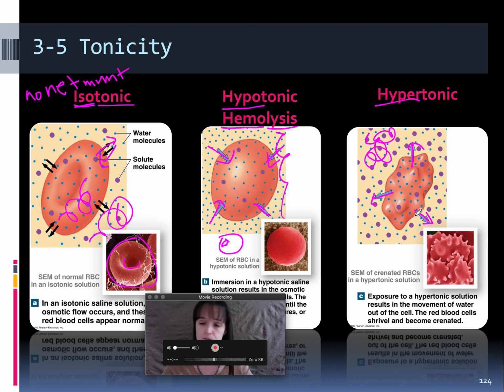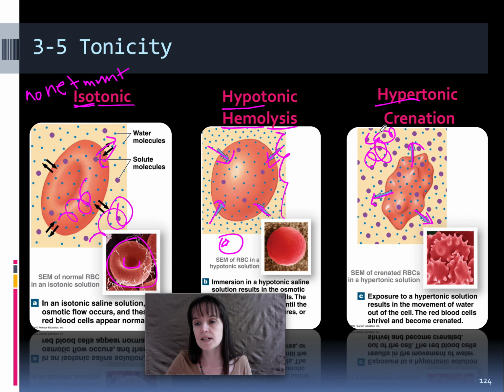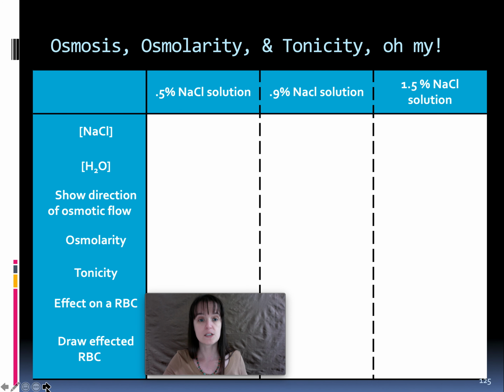Osmosis is a form of diffusion. Anyway, hypertonic, the cell loses water and dries out, and that is called crenation, where it deflates and it gets spiky. So crenation is when the red blood cells shrink from losing water in a hypertonic solution.